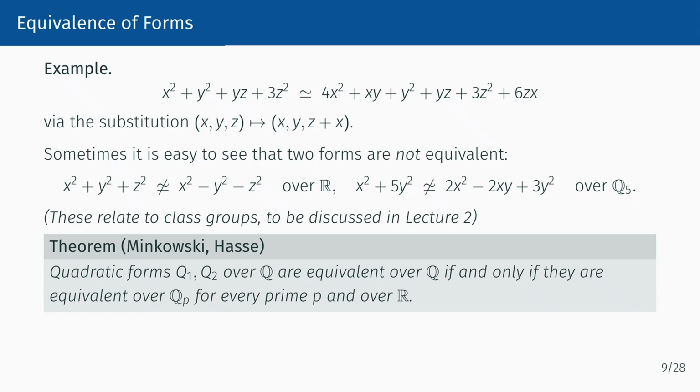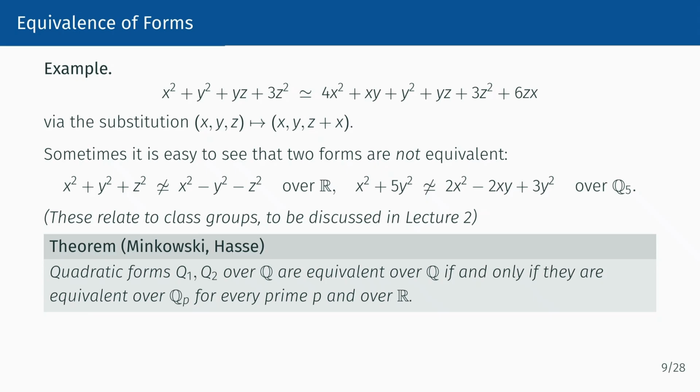The nice thing about quadratic forms is a very deep theorem of Hasse-Minkowski: two quadratic forms over Q are equivalent if and only if they are equivalent at every prime and over R. So if their signatures are the same and locally at every prime they're the same, then there's actually an isometry over Q, a change of variables over Q that relates one to the other. This is the deep theorem, and I'm not going to say anything about its proof.